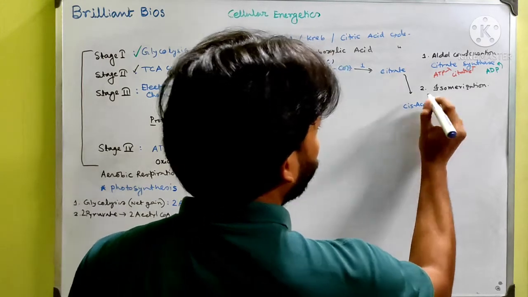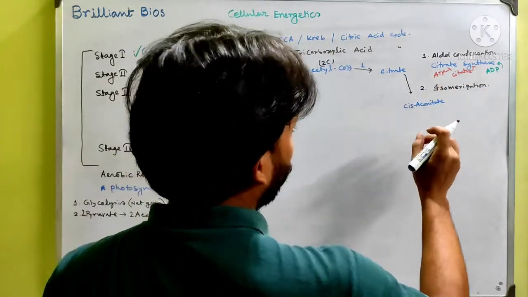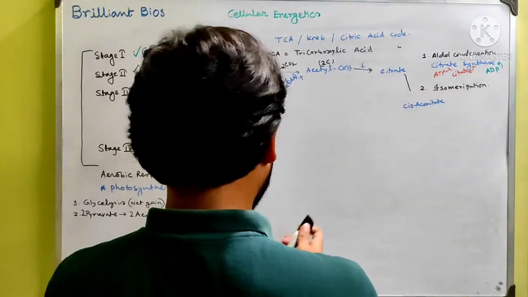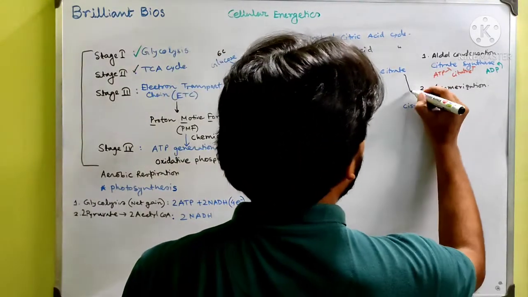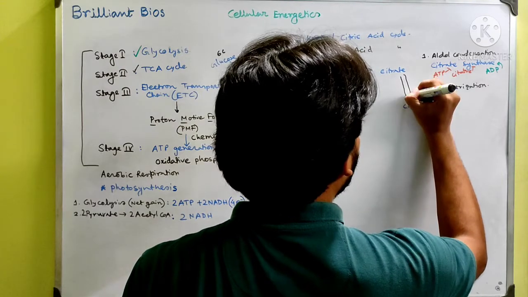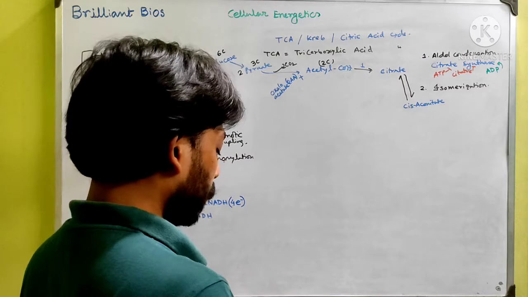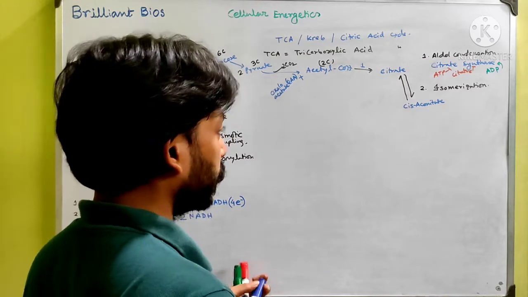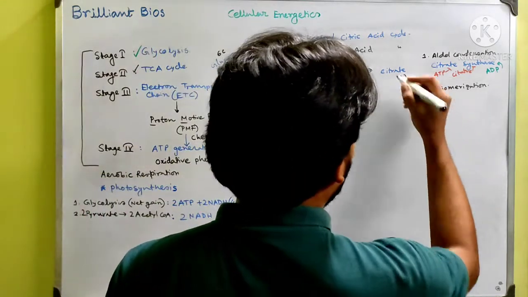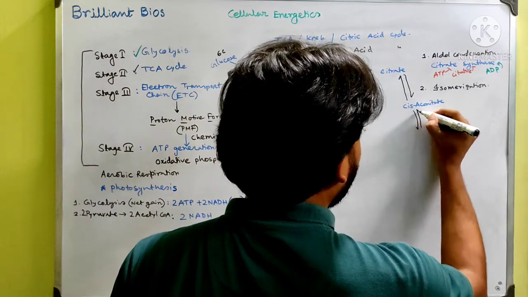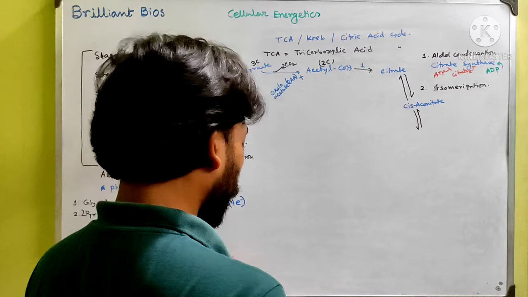This is the intermediate product of this isomerization, and this step is a reversible step. The cis-aconitate is ultimately converted into the isomer of citrate, and the isomer is called isocitrate.